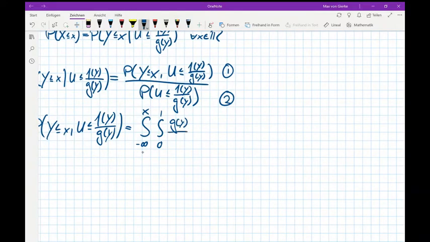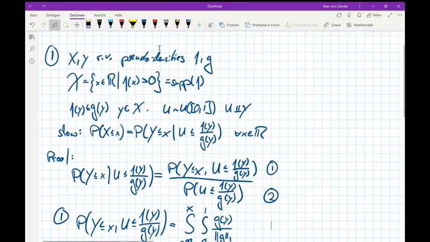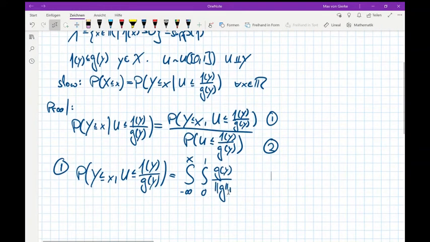Well, we know the distribution of Y. This here is the probability density function of Y. It's important that you have the L1 norm here, because we only know that g is a pseudo density, so we don't know whether it integrates to 1. So we might have to scale it, and this is the parameter to scale with.